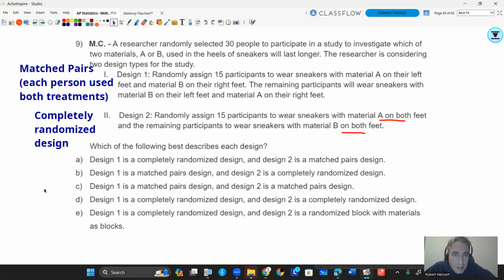That's going to be design 1 is a matched pairs, design 2 is a completely randomized design. That will be this one right here. All right, on to the next and last question in this video.